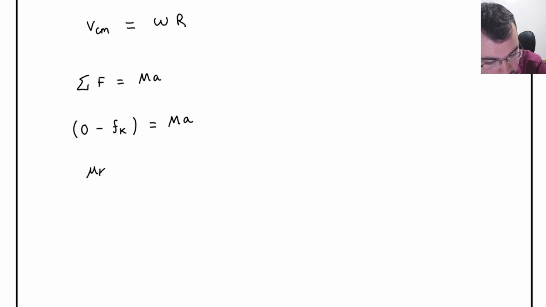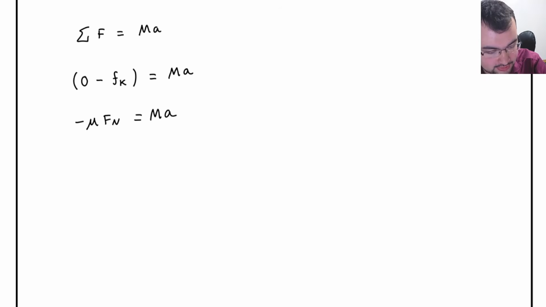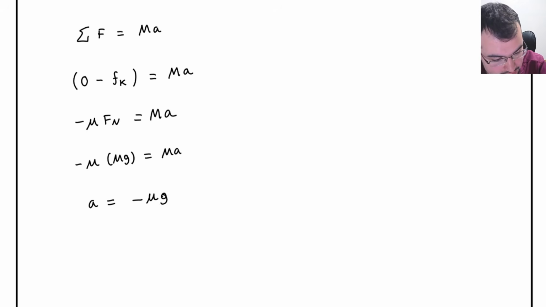Kinetic friction is always mu times normal force, and we're on a flat surface with nothing strange happening, so our normal force is just going to balance the weight of the sphere. So we get minus mu mg is equal to ma, so our acceleration is minus mu times g. So we'll keep that in mind.